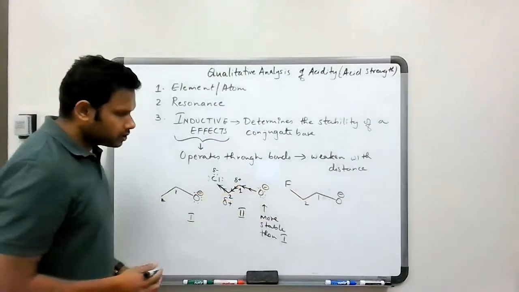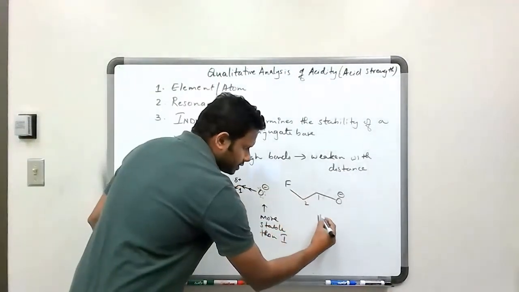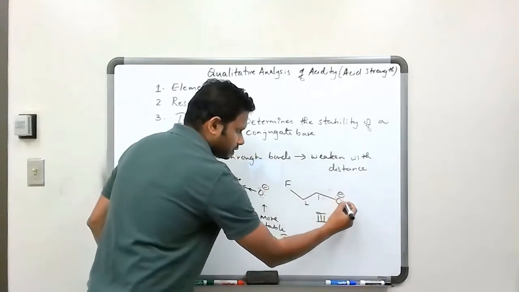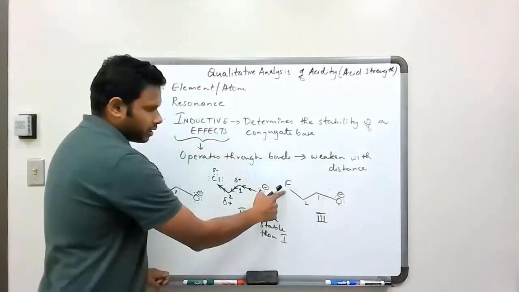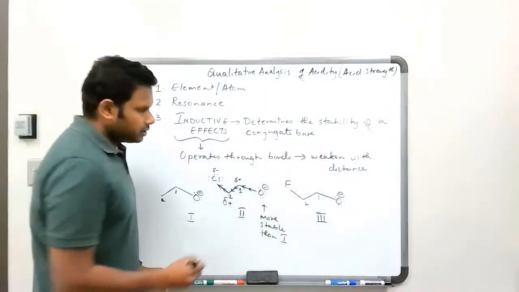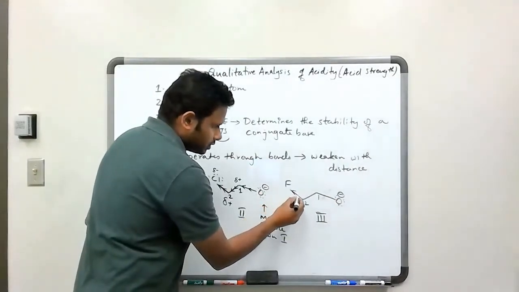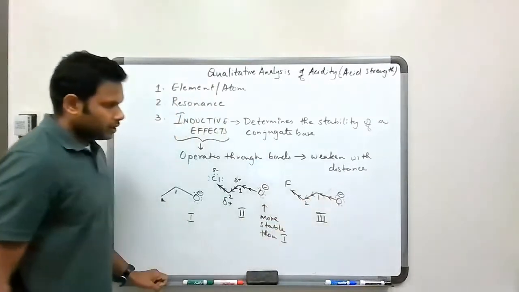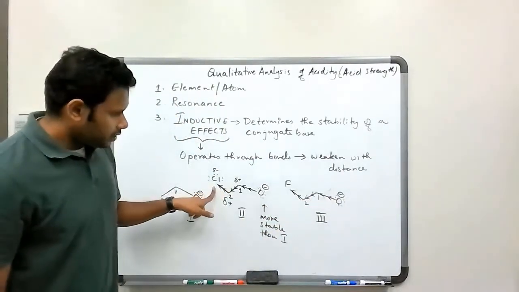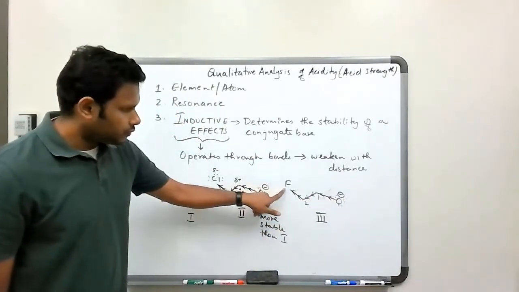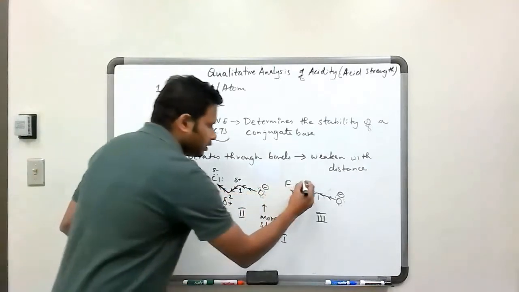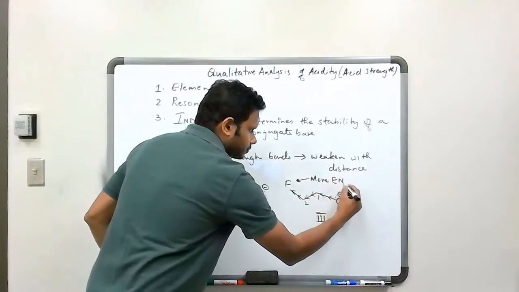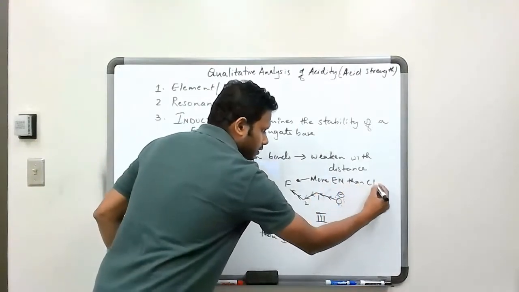When we go to the third structure, we have a very similar structure here, oxygen with negative charge, and we have a fluorine attached, and the fluorine is also pulling away electron density along the bonds. But if we compare it to the second structure, fluorine is more electronegative than chlorine.